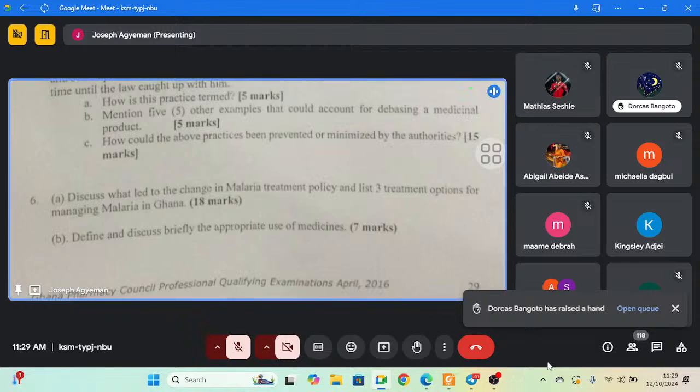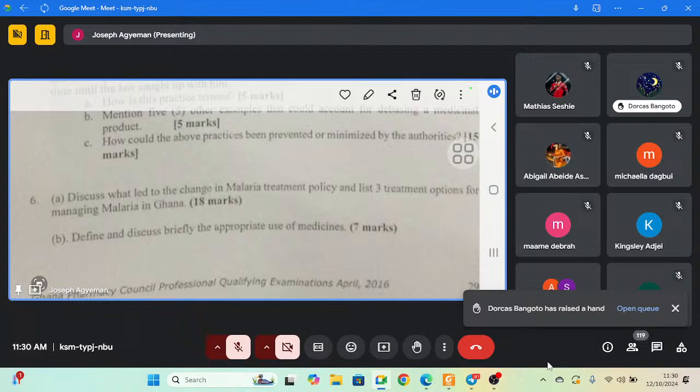So if now we cannot tolerate the adverse drug reactions, that was a typical case with chloroquine. You take it and you get some reactions, a whole lot of itching. You become very weak. You can't even open your eyes. You are very, very weak, always sleeping. And therefore, you have to change it.